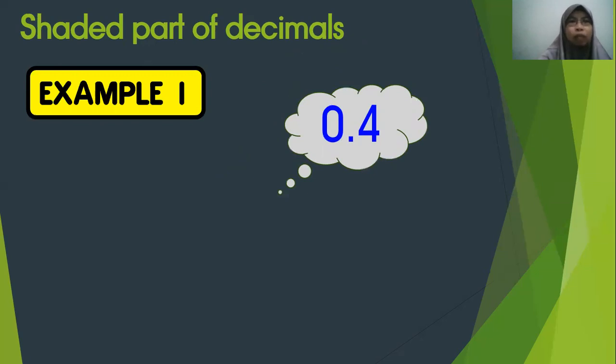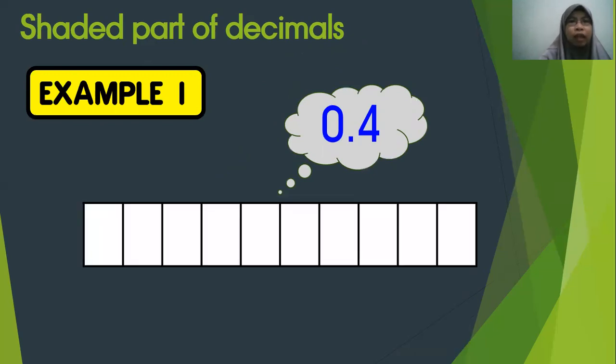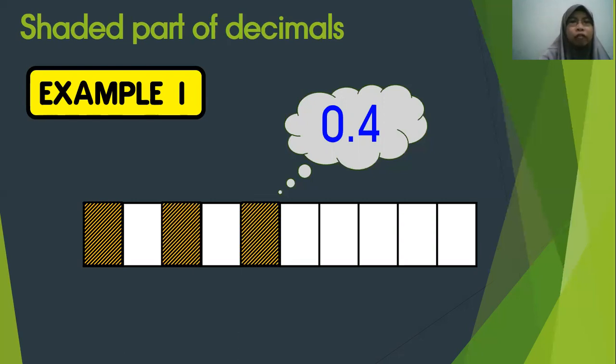How many parts must we shade? First, we need to have 10 parts. From the 10 parts of the picture, how many parts must we color? So 0.4 refers to the 4. So that means we need to color 4 parts. 1, 2, 3, 4. You can choose any parts to color, until 4 parts.